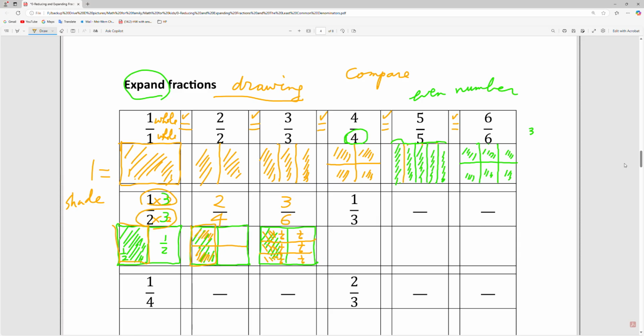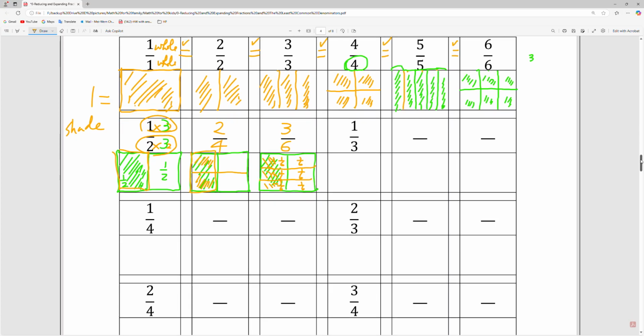So the rest, let me try one more example, and you can go home and try more by yourself. So, for example, this 2/3. 2/3, I make this. I cut in 3.